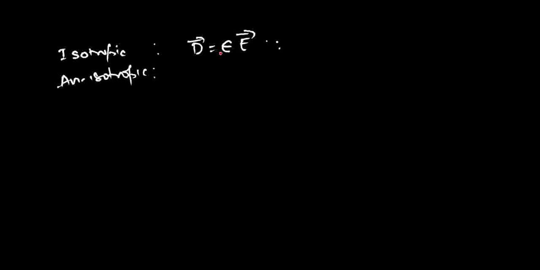As I told you, the properties of the material remain constant in all directions, right? For isotropic materials, that means epsilon is constant in all directions. So since epsilon is constant, you could write D is equal to epsilon E or E is equal to D by epsilon. You can play with epsilon only when epsilon is constant, and that is possible only for isotropic materials.